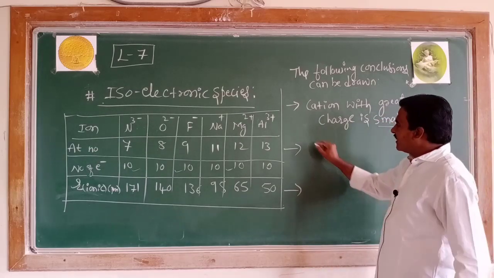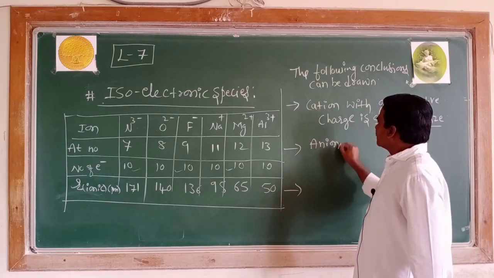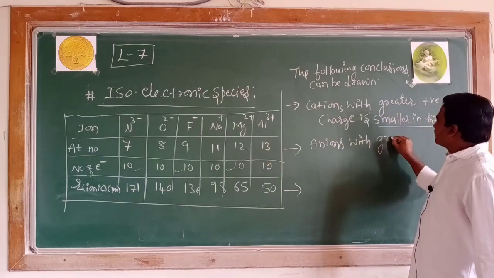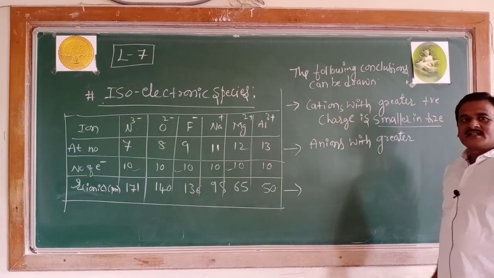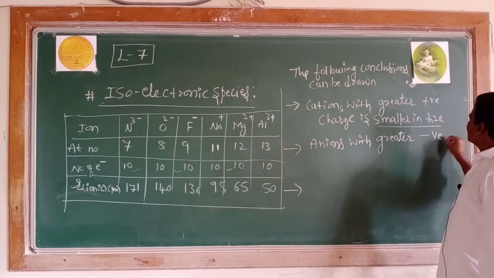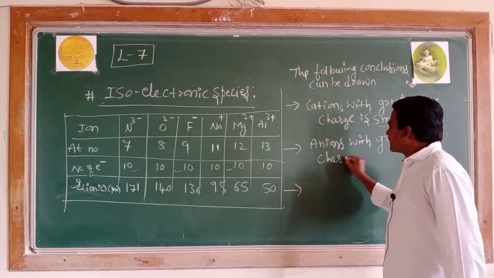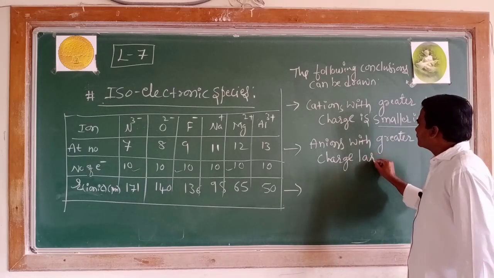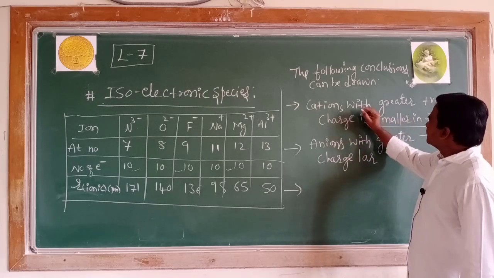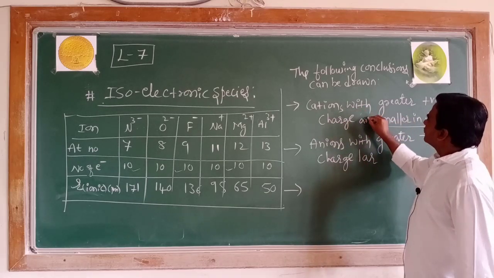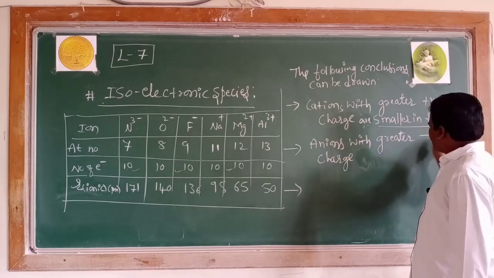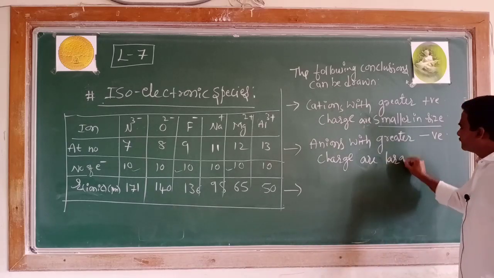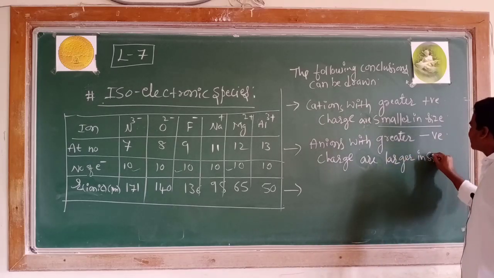The second conclusion we can draw: anions with greater negative charge are larger in size, bigger in size.